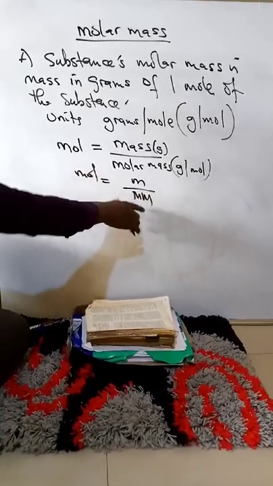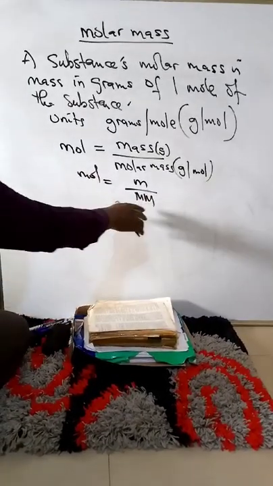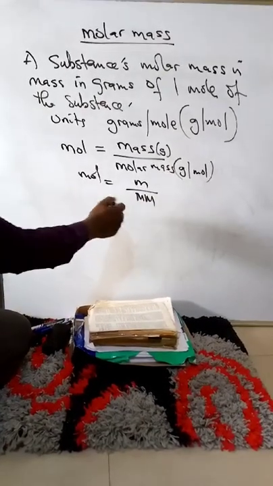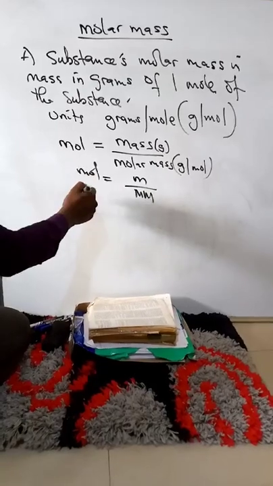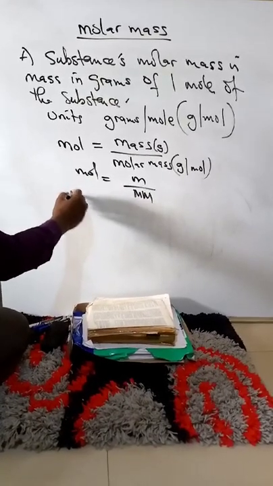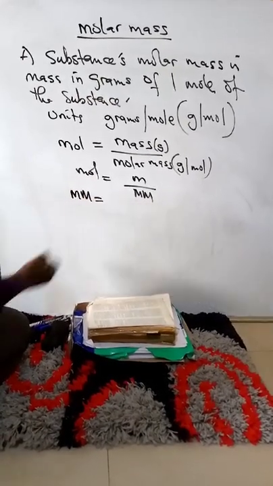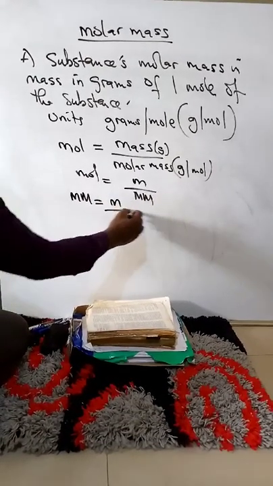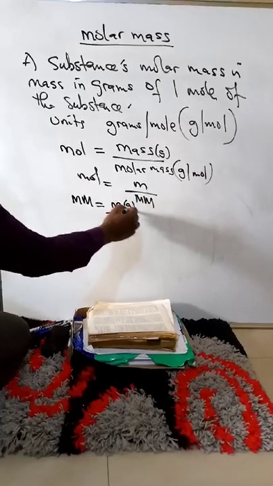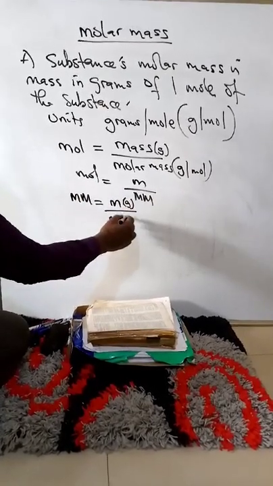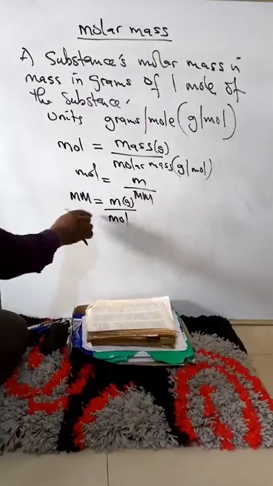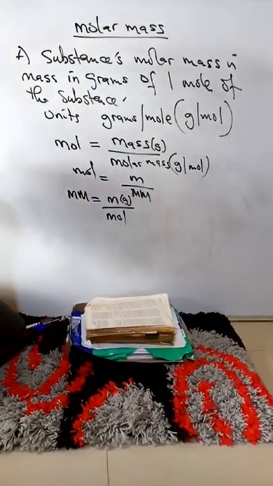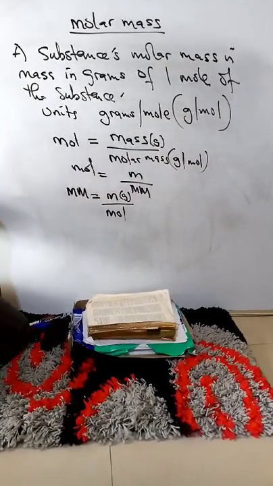We can make the molar mass the subject of the formula, so molar mass, MM, is equal to mass in grams over moles. That is the formula if we are to relate it to the number of moles.